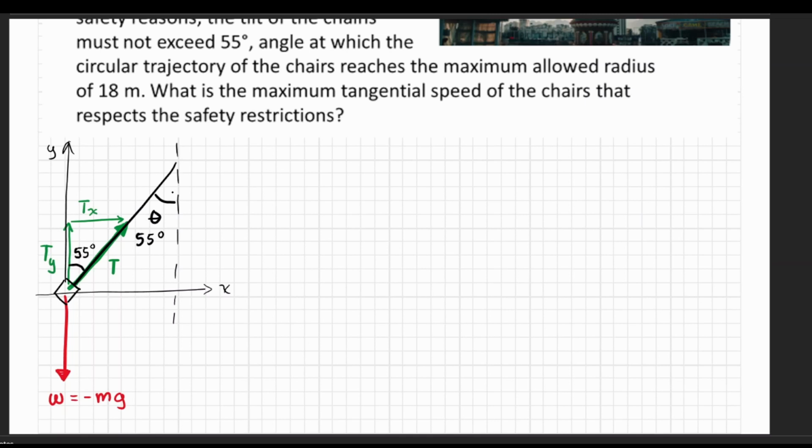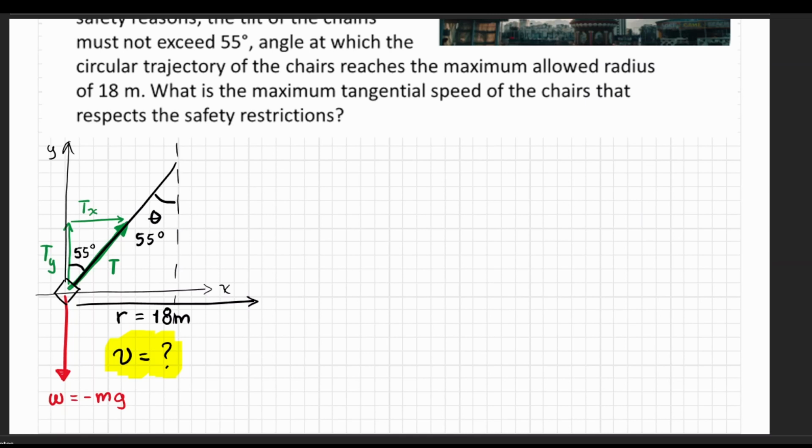We know as well that the center of the trajectory is at that point 18 meters from the position of the chair. So the radius of the trajectory is 18 meters. It will be somewhere to the right in this diagram. And the question is, what is the speed at which this angle is reached? So we keep this variable visible because this is what we are trying to find. This is the quantity we need.